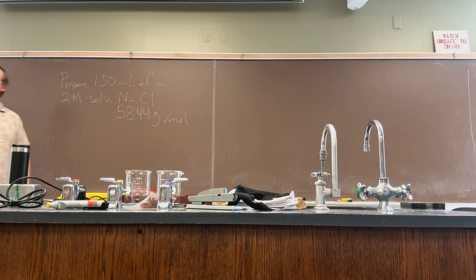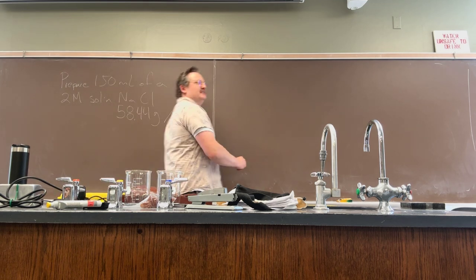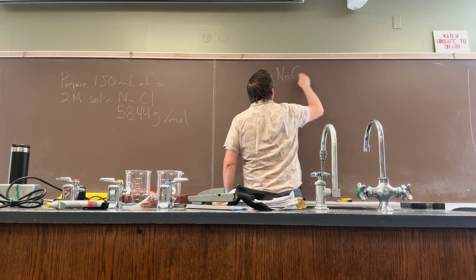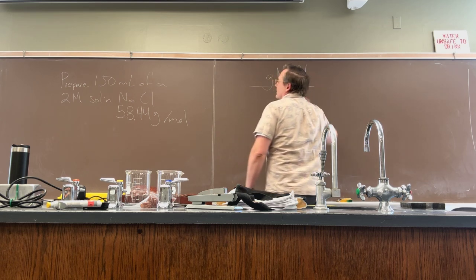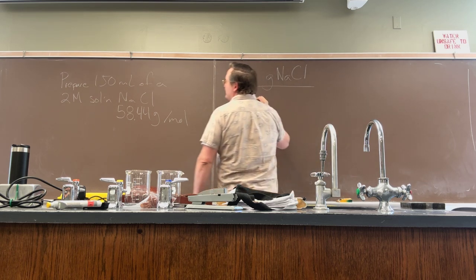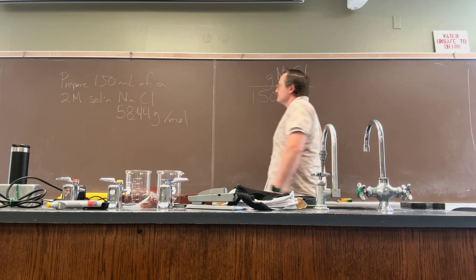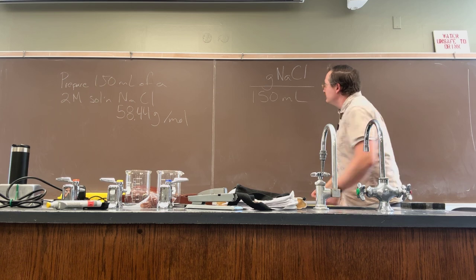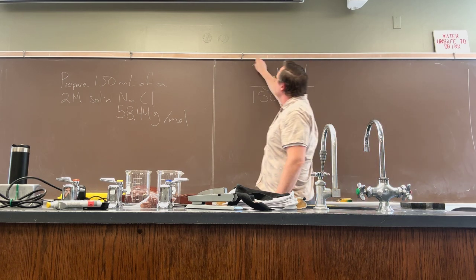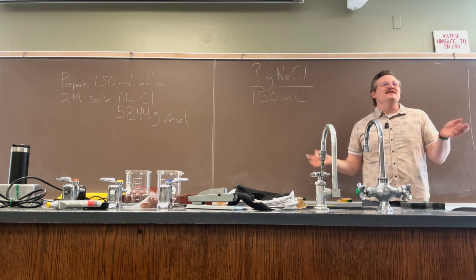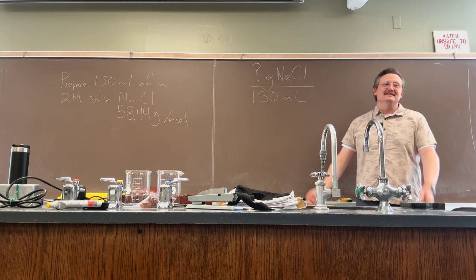Yeah. All right, so here's how we set that up. What do we want to know? This is one way of doing this: grams sodium chloride per every 150 milliliters. If we know what units we want to have, then we can set up the dimensional analysis to give us an answer in those units.